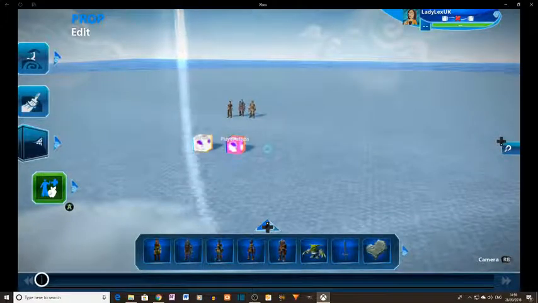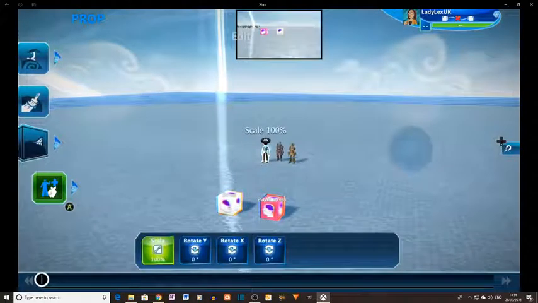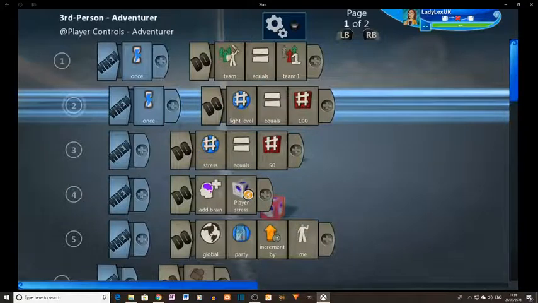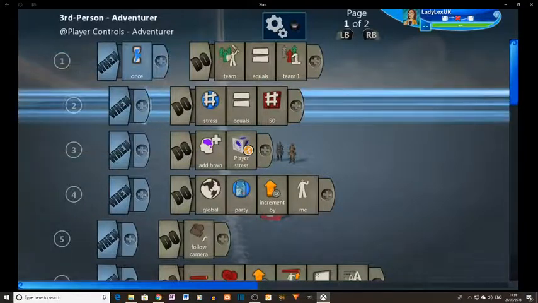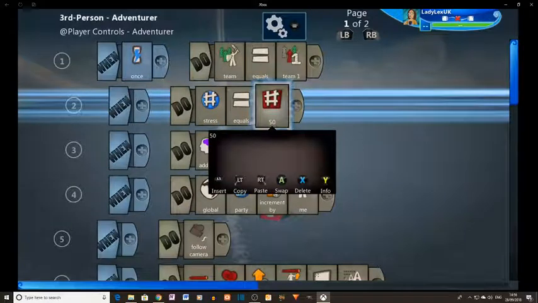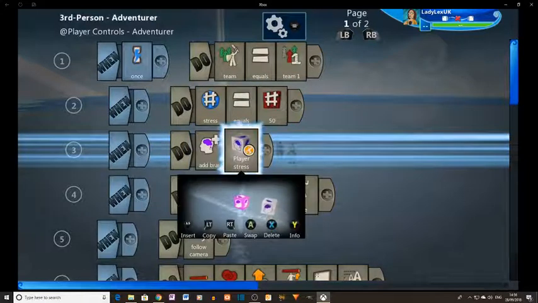Right, so what happened there? What was going on there? Well, I've created a number variable called stress, and if I go into my player, let's just remove that, then we'll say stress equals 50. That's set my starting stress level, and we're going to add a brain called player stress.